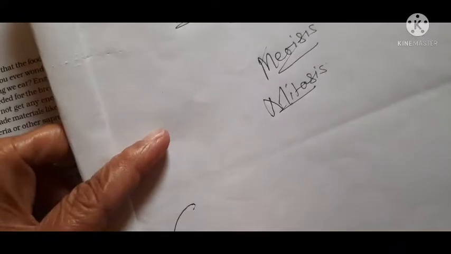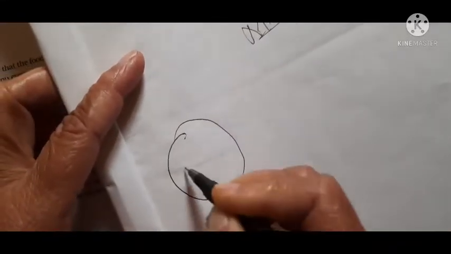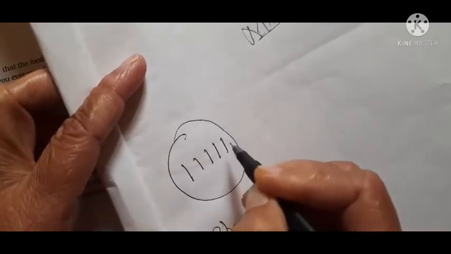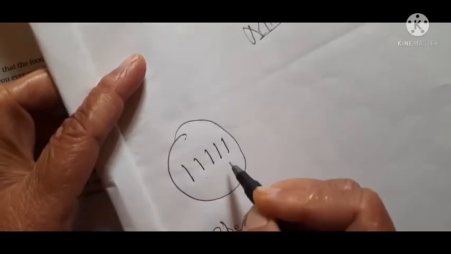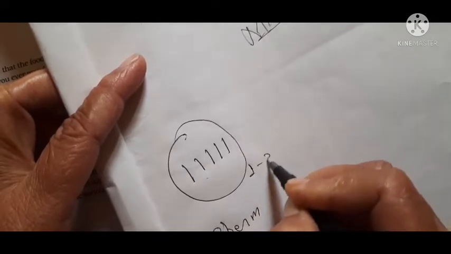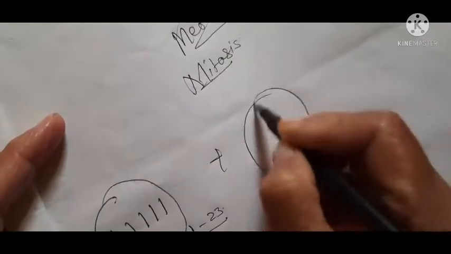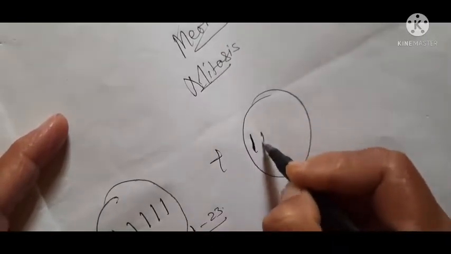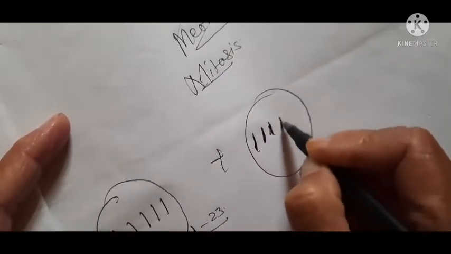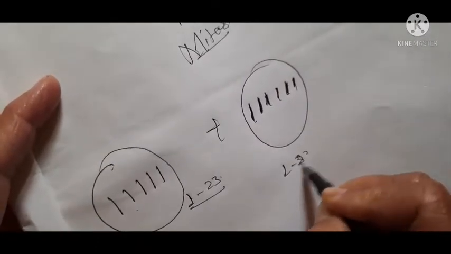Now you see here, this I have already told you. Suppose this is a human sperm, it has 23 chromosomes. I cannot draw all the 23 chromosomes, but just imagine that there are 23 chromosomes, plus this is the ova. This ova also has 23 chromosomes.